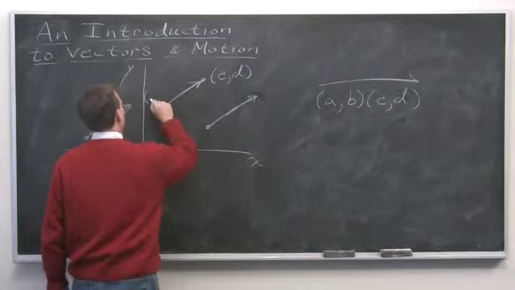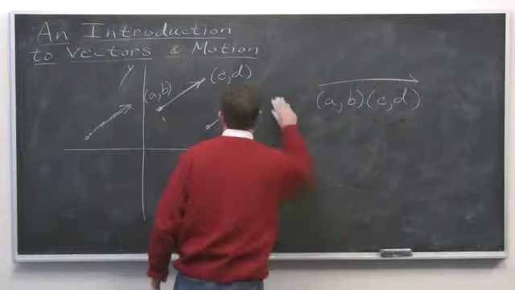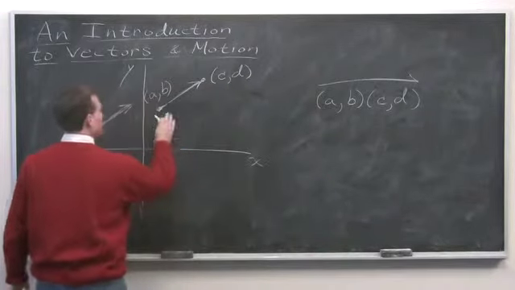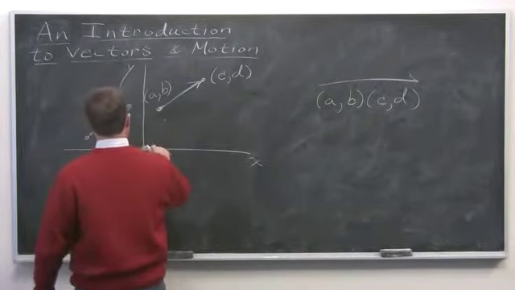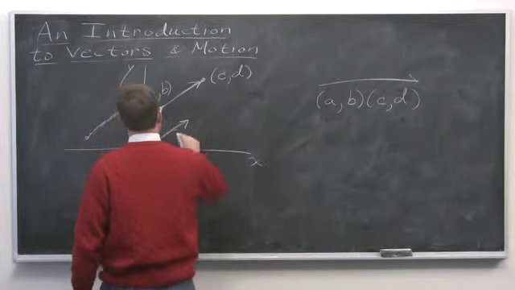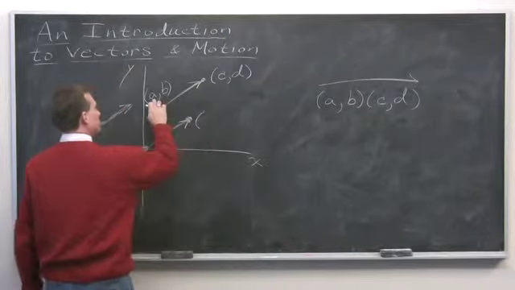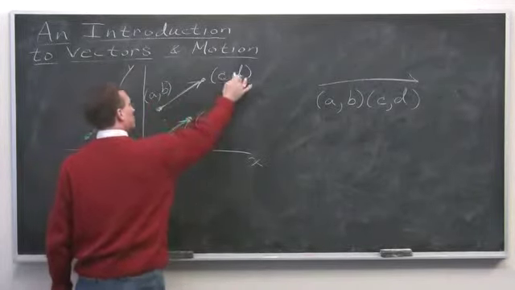So this is an arrow representing the same vector. If we drag the arrow to where it starts at the origin, you would get an arrow that goes from the origin to, you subtract A from here and B from here. That's what you do here and here.